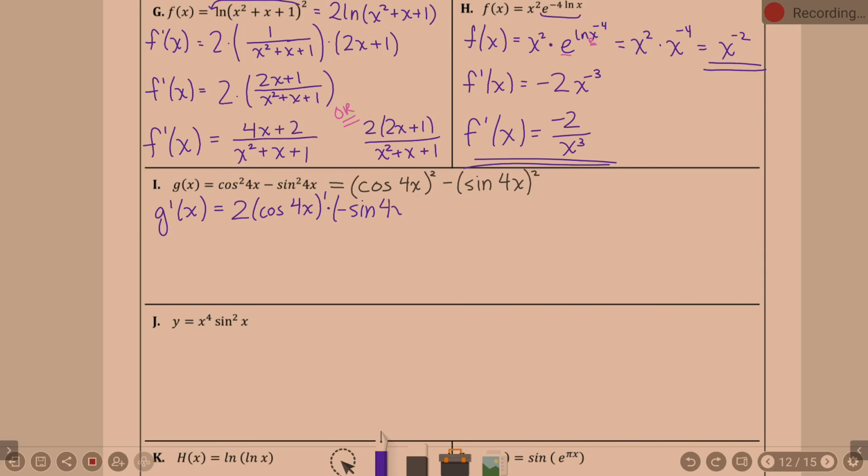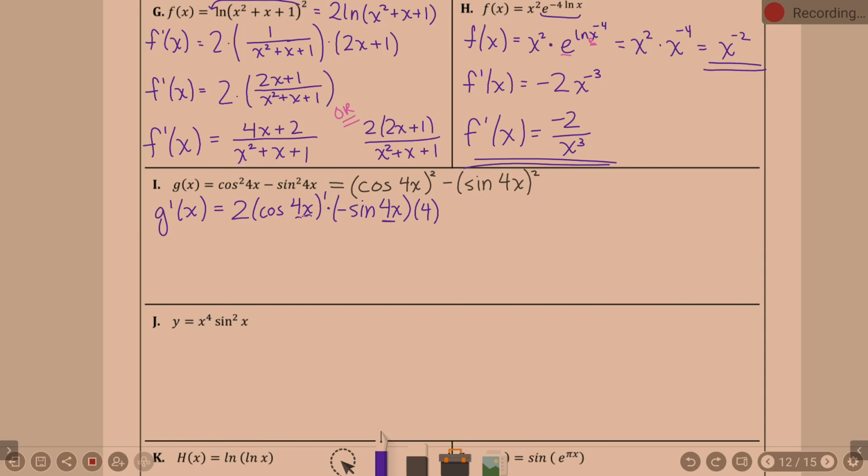That something doesn't change. So derivative of cosine of something is negative sine of something. Do I have another inside I need to take the derivative of? What's my inside of the cosine function? 4x. So what's the derivative of 4x? 4.